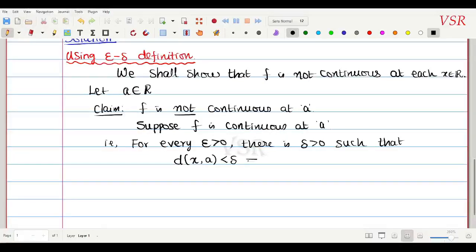This would imply that distance between f of x comma f of a which is less than epsilon.